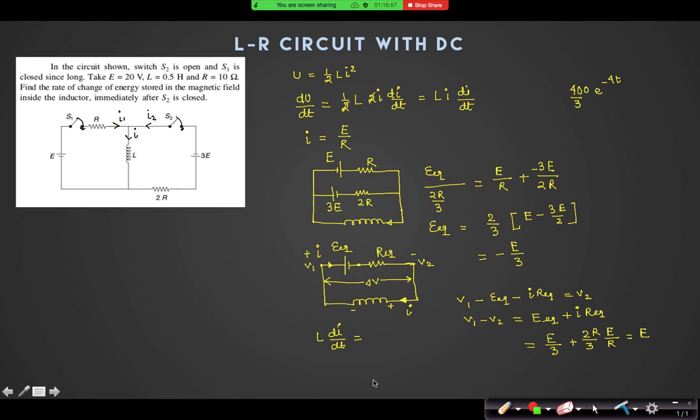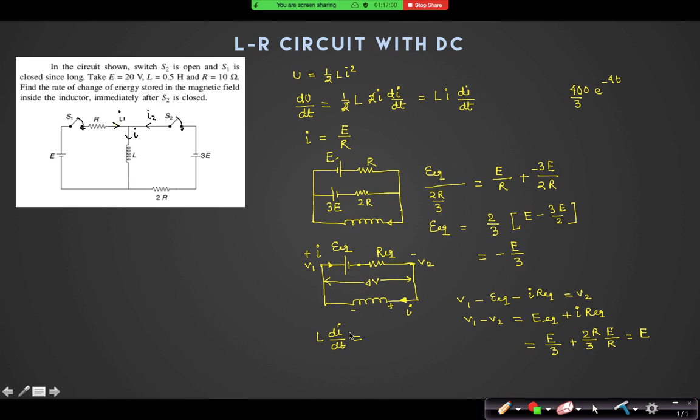I have to only find the magnitude. Understand the direction, the polarity of E equivalent. Is it negative or not? But which direction have you taken as positive? I have taken E positive, minus 3E negative. So this direction, this negative, this positive is my positive direction. Negative means this is positive, this is negative.